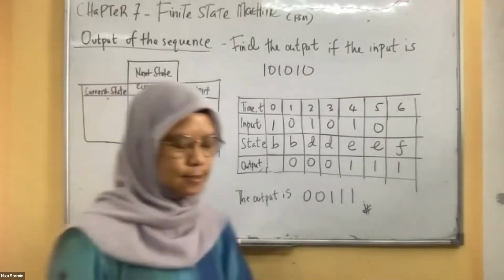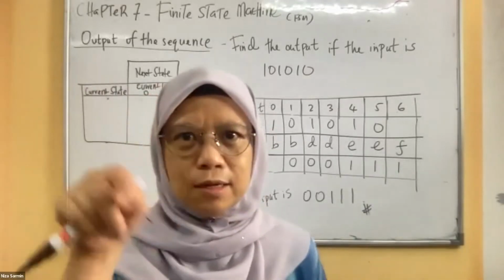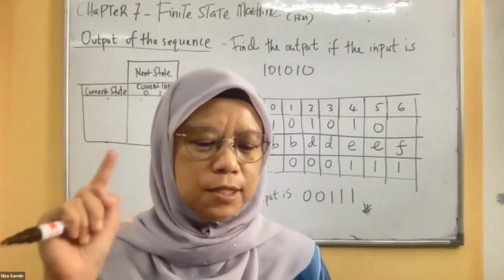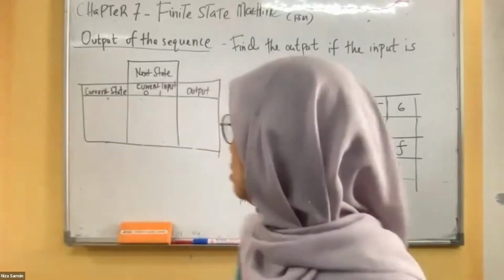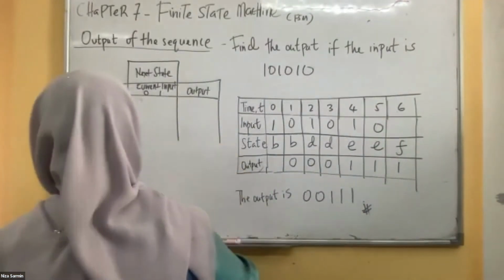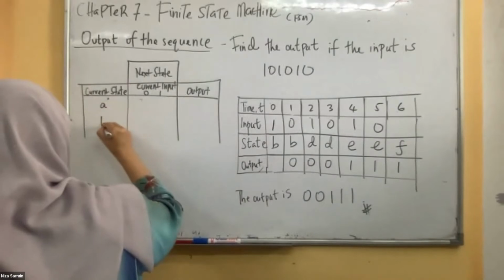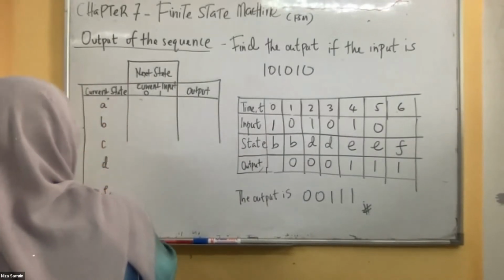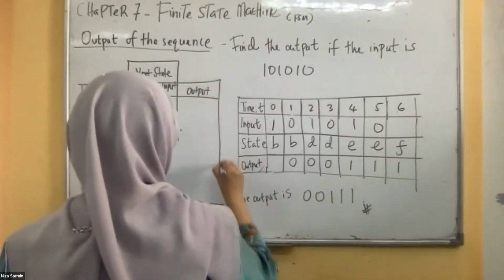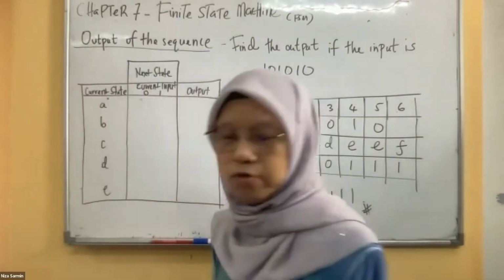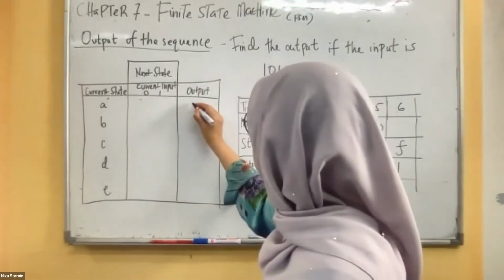Now you look at the vertices A, B, C, D, E. The output of A is 1.